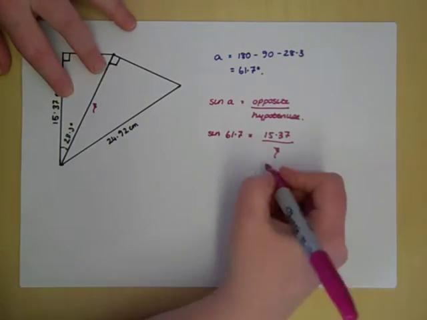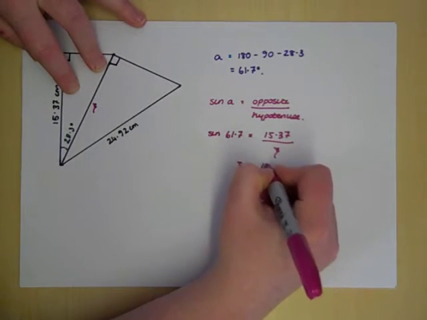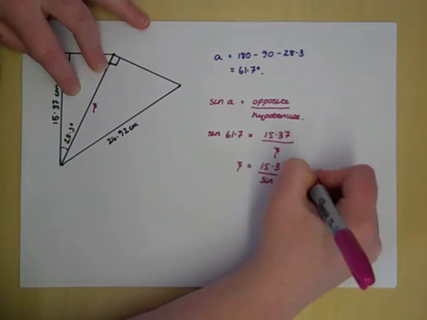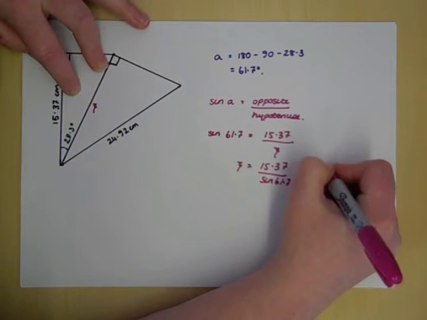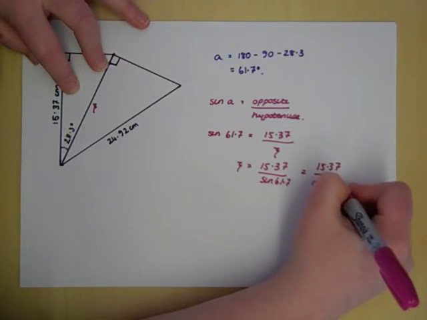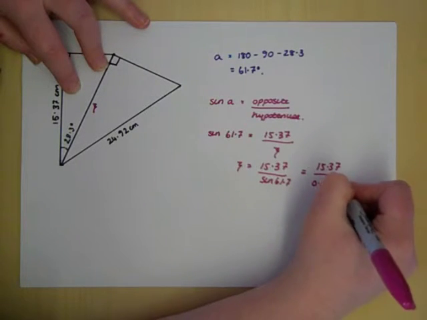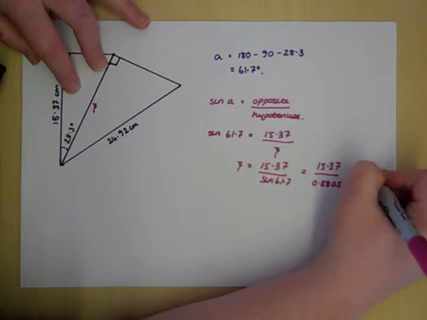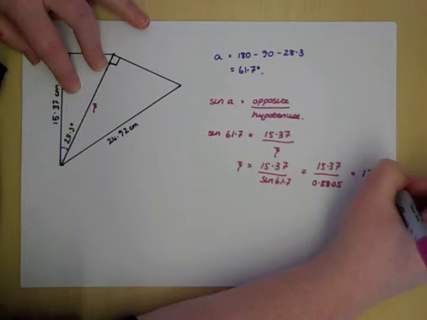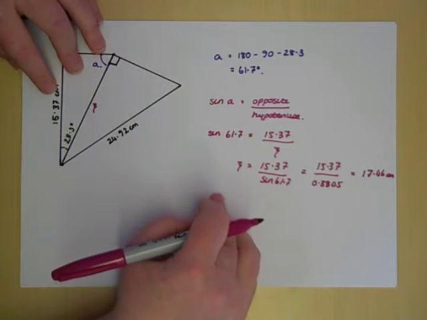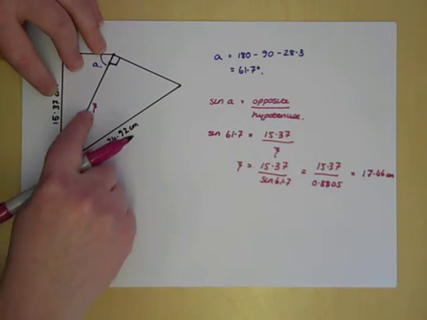And so if I do a little bit of rearranging, that means that Z is equal to 15.37 over the sine of 61.7, which is equal to 15.37 over 0.8805, which hopefully gives me a length of 17.46 centimetres. So now I know this length Z.